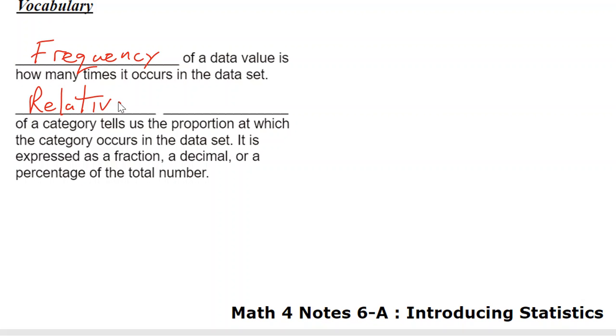Another term with it is relative frequency, which is the proportion at which the category occurs. So that would be like saying, half of all of the people we checked with had brown eyes. That's like expressing it as a fraction or a decimal or a percentage. 50% of all the people we interviewed had brown eyes. That's a relative frequency.